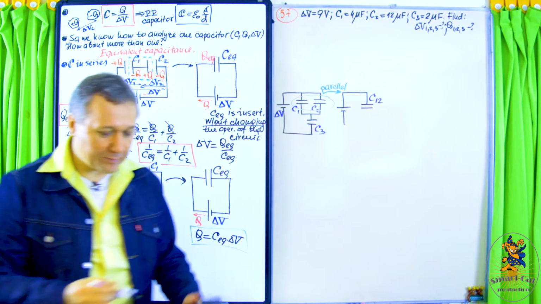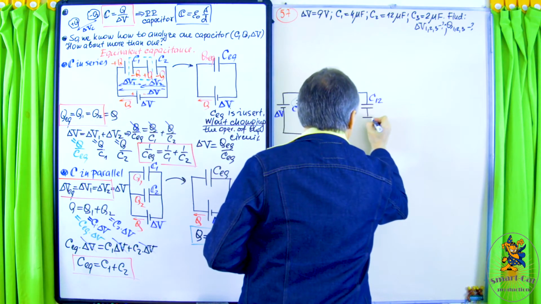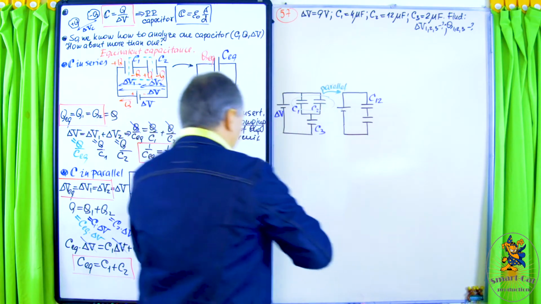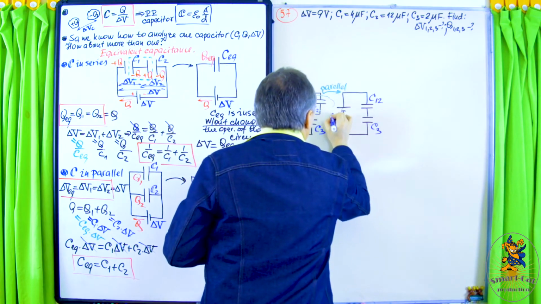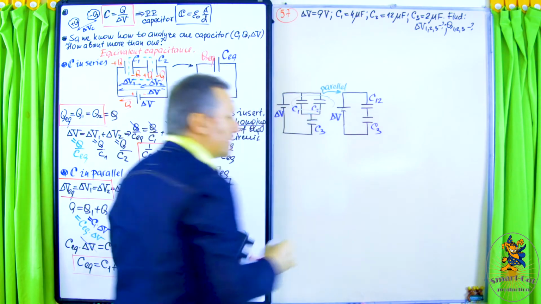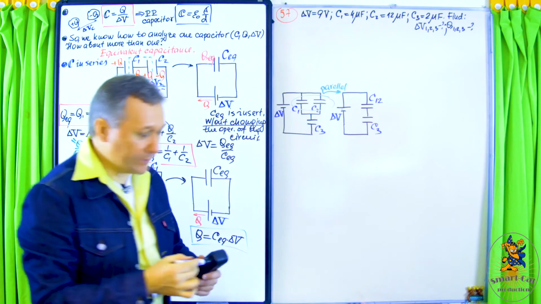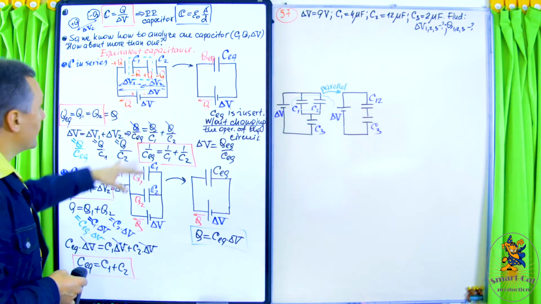I think it's self-explanatory. C3 is not touched, so it is still exactly the same C3, and the battery still has the same delta V. Okay, so that's the first simplification.